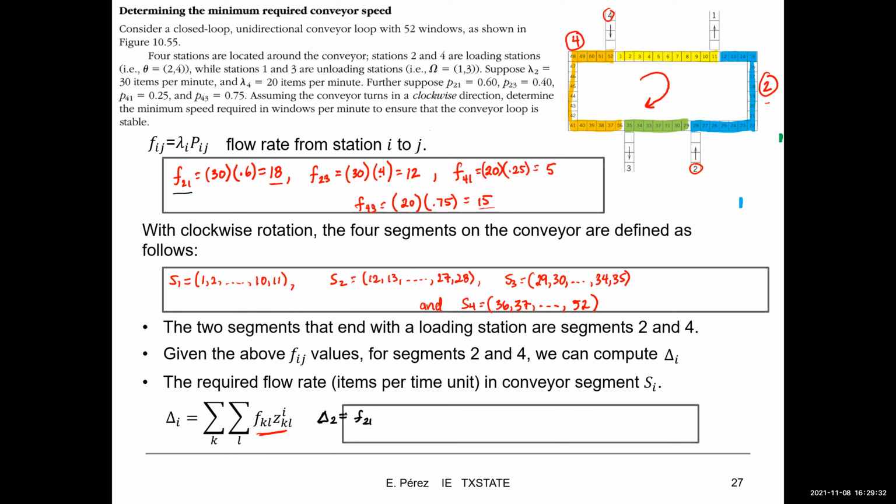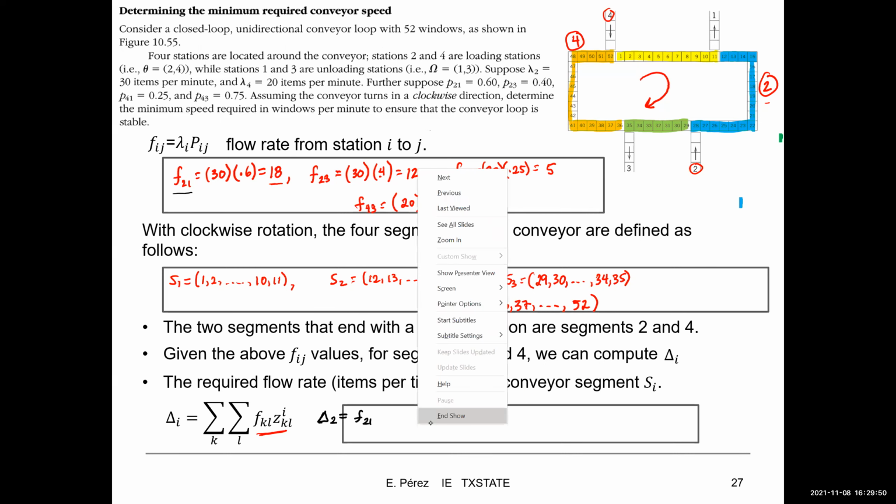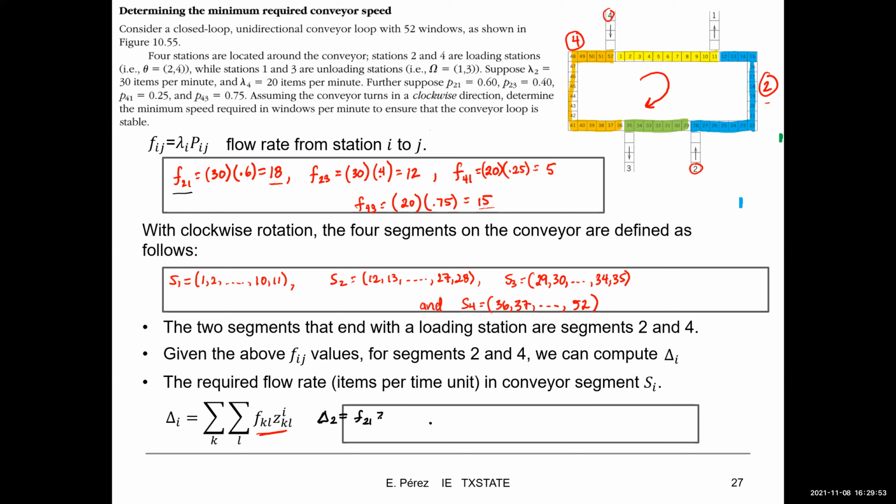So we have F2,1 Z2,1 plus F2,3 times Z2,3 plus F4,1 times Z4,1 plus F4,3 times Z4,3.